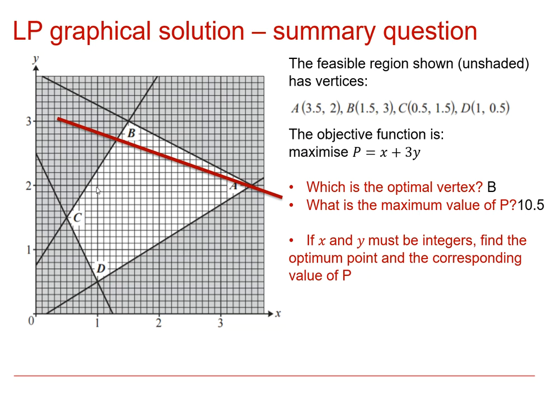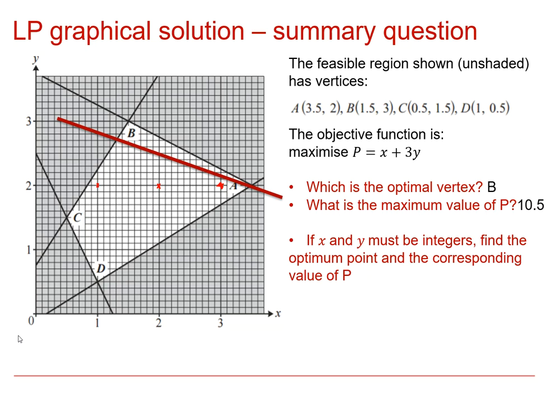The ones which are possibilities are going to be 1, 2, 2, 2, and maybe at a stretch 3, 2. But there are no others that could realistically be the optimal solution when we need integers.